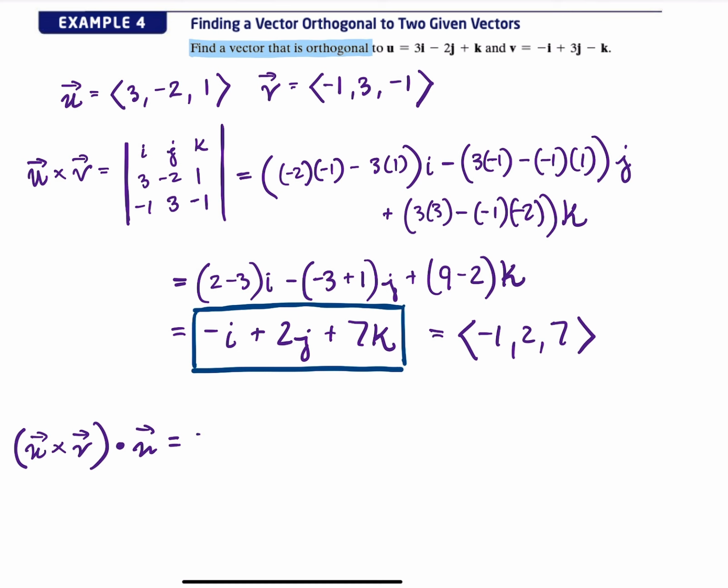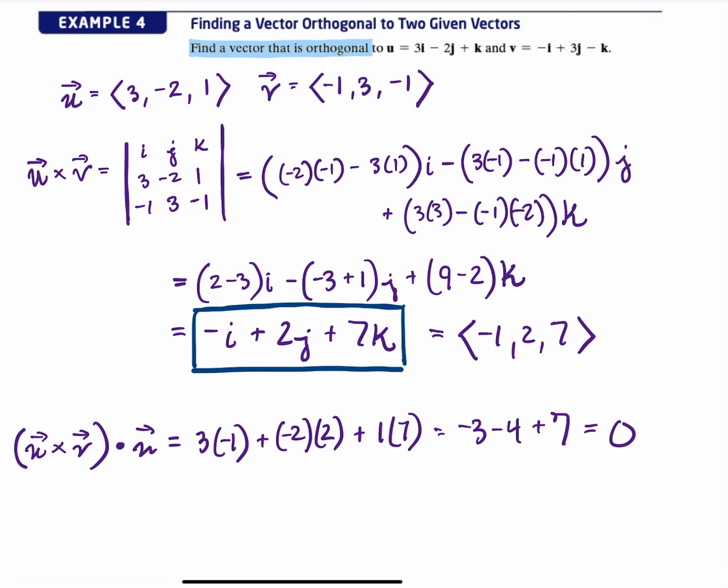This will be 3 times negative 1 plus the second terms multiplied, negative 2 times positive 2, plus the third terms multiplied, 1 times 7. So that will give us negative 3 minus 4 plus 7, which reduces to 0. That's negative 7 plus 7.